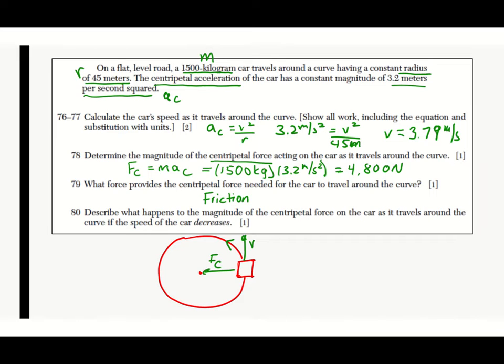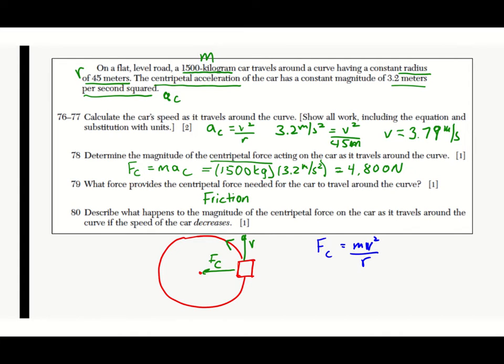Okay. Number 80. Describe what happens to the magnitude of the centripetal force as it travels around the curve if the speed decreases. So I like to use equations to help me figure out relationships between variables. So here we could see a direct relationship, but more specifically a quadratic relationship between centripetal force and velocity, speed, because it's squared, and that's how these two are related.